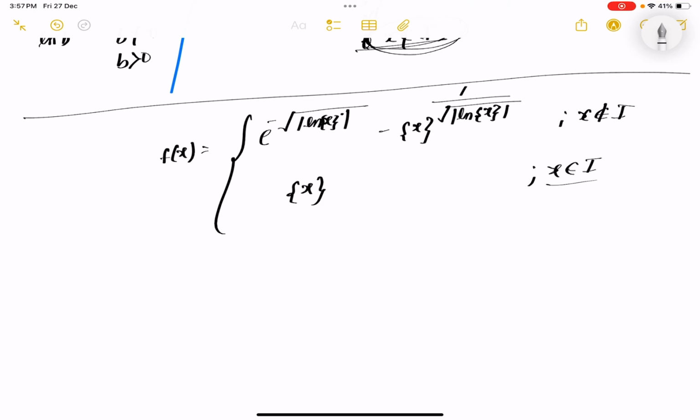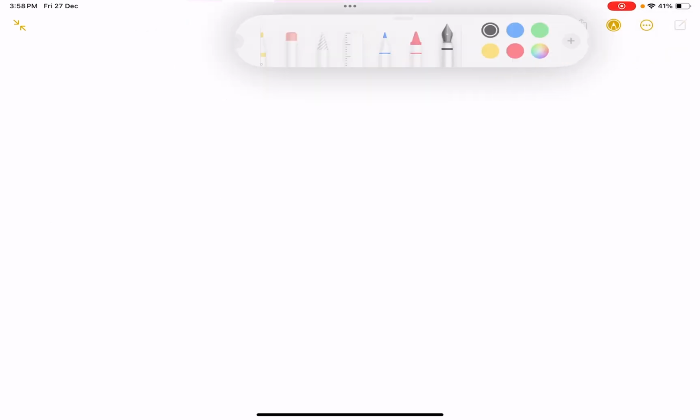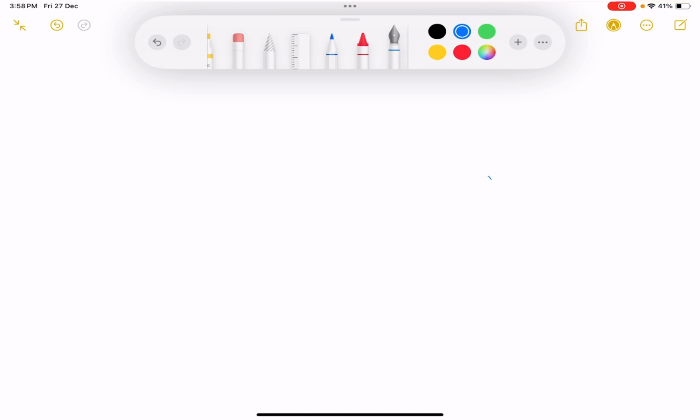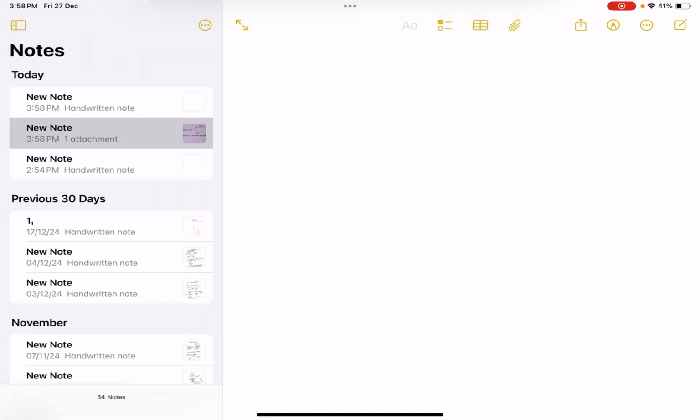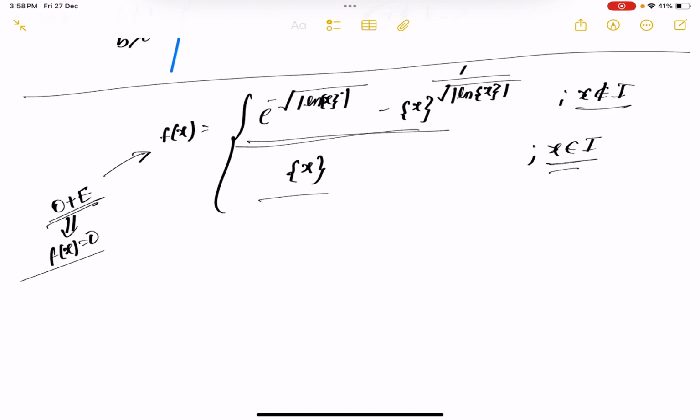Now my aim is to prove it is both odd and even, and both odd and even means f of x should always be equal to 0. Now let's try to figure out whether the value for the given domain will be 0 or not. Now if I see, when I'm giving the integral value, what is the fractional part of x when x is an integer?